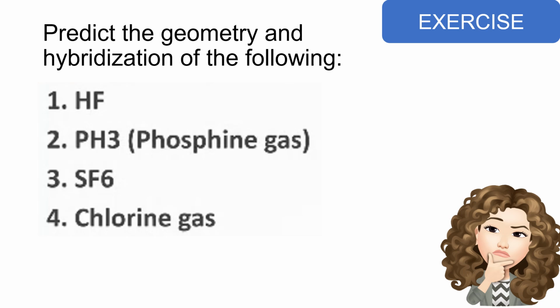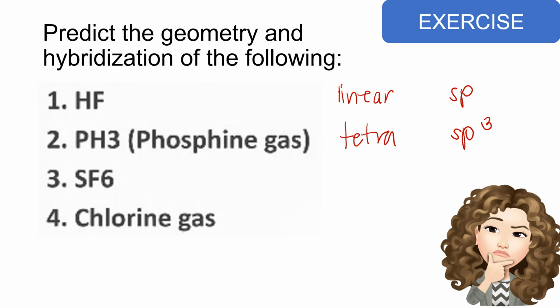When you're ready to check your answers: for hydrogen fluoride, this is linear. It has an sp hybridization. For phosphine gas, this is sp3. If sp3, you have 4, this is tetrahedral.